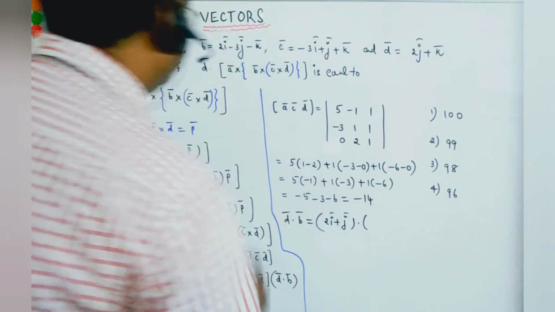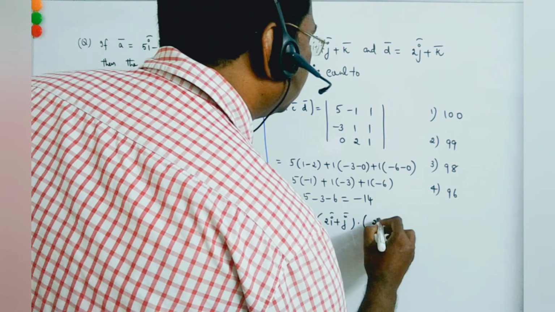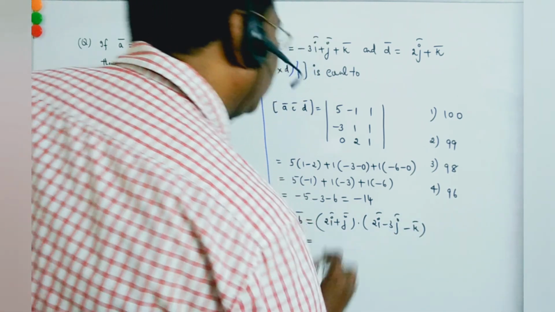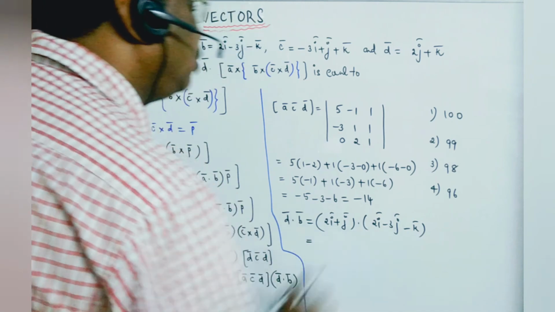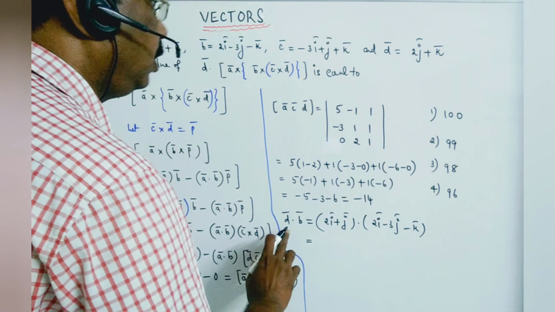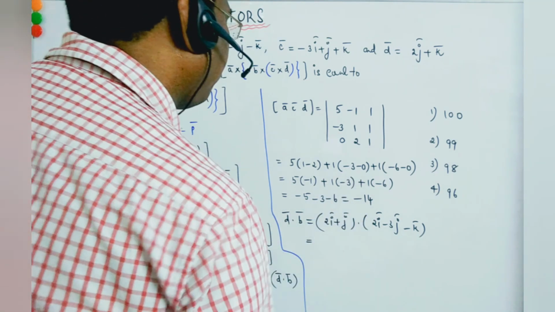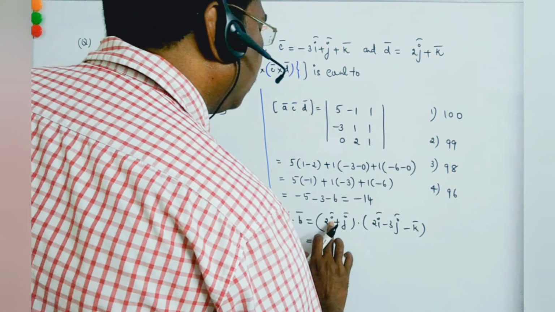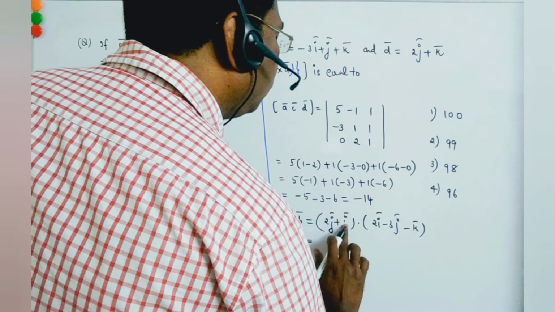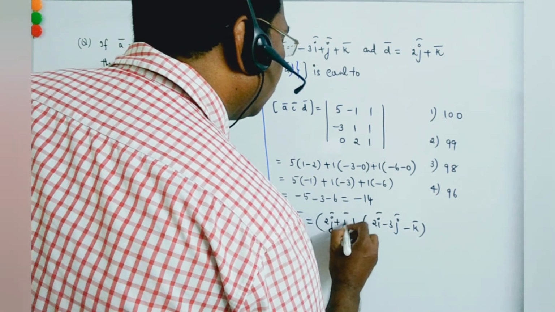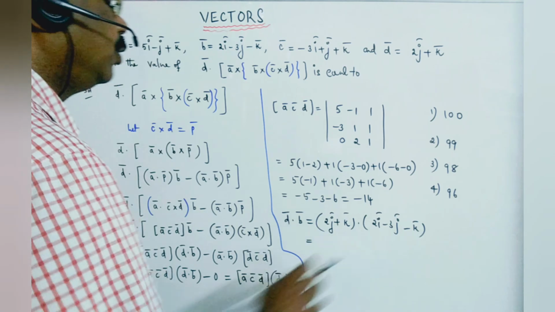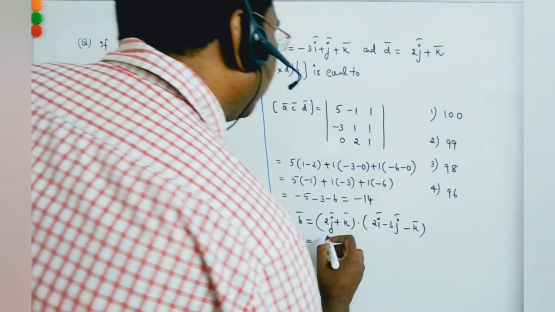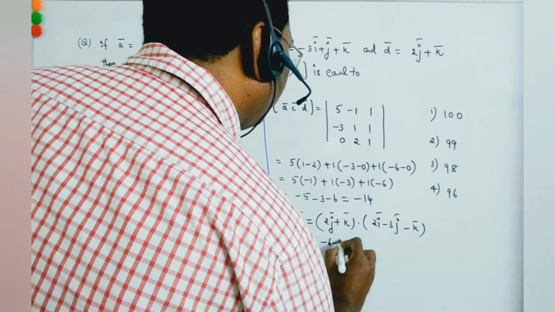And d bar dot b bar: d bar value is 2j bar plus k bar, dot b bar value 2i bar minus 3j bar minus k bar, which gives minus 6 minus 1.